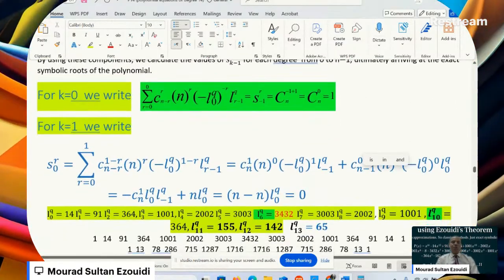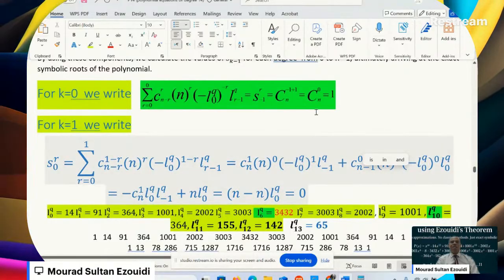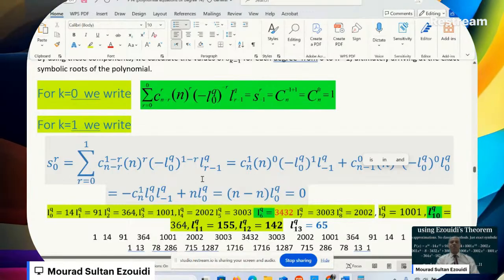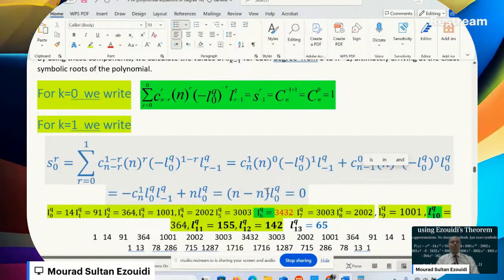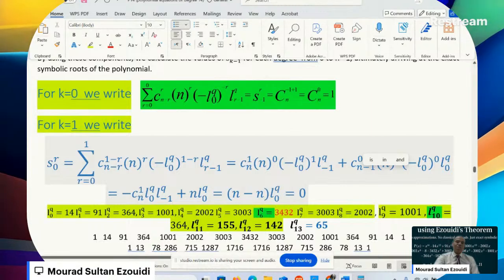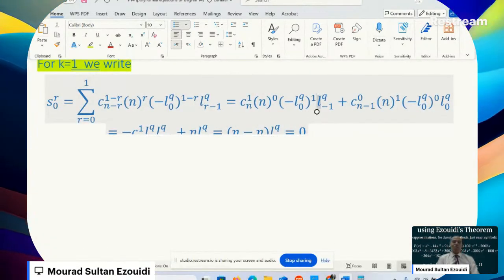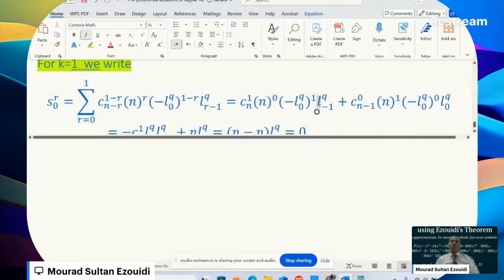So for k equals 0, we obtain that S minus 1 is always equal to 1. For k equals 1, we obtain S0 is always equal to 0, because the sum of the roots of this 14th degree equation has to be equal to 0. That's why S0 is equal to 0.